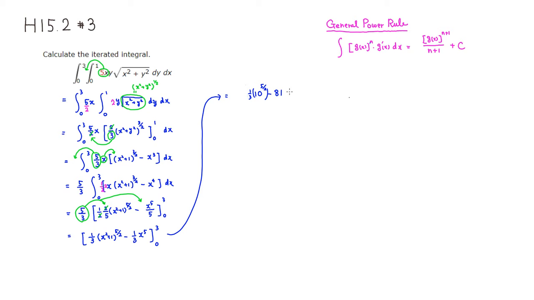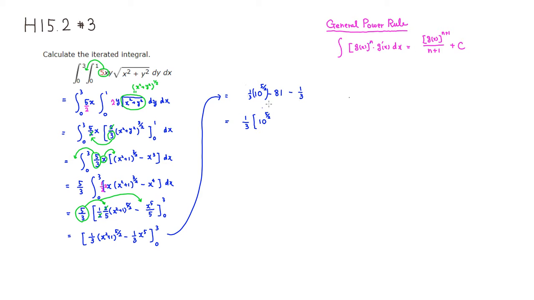Then minus, plug in 0. Plug in 0 in the first term gives 1/3, and plugging in 0 in the second term is 0. Is there any way to clean this up a little bit? I guess we can pull the 1/3 outside, and then you would have 10 to the 5/2 power.